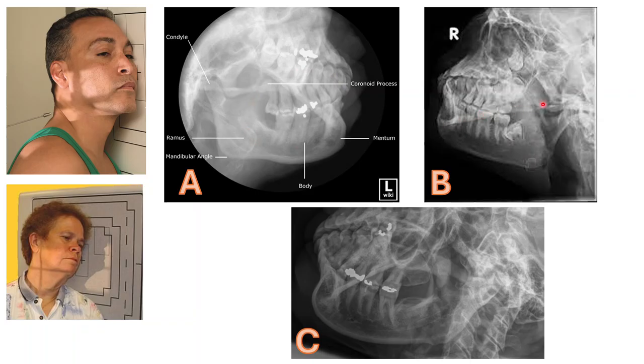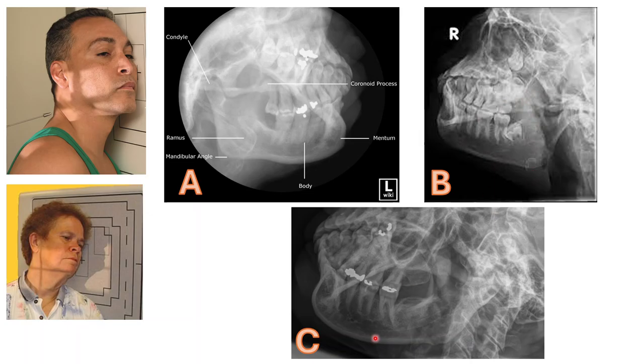There's that beautiful gonion, but it's superimposing the coronoid. Here's a little coronoid trying to peek through that gonion. I can see right away that we need to angle more cephalad for this image. This would be an example of insufficient angulation on the tube.